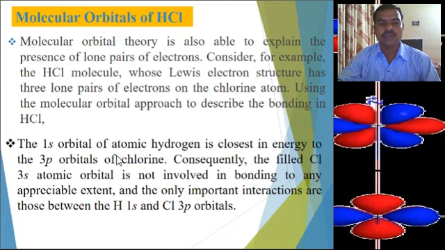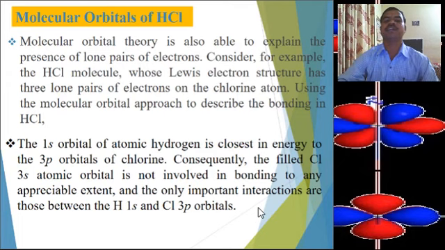The 1s orbital of atomic hydrogen is closest in energy to the 3p orbitals of chlorine. Consequently, the filled chlorine 3s atomic orbital is not involved in the bonding to any appreciable extent, and the only important interactions are those between the hydrogen 1s and chlorine 3p orbitals.